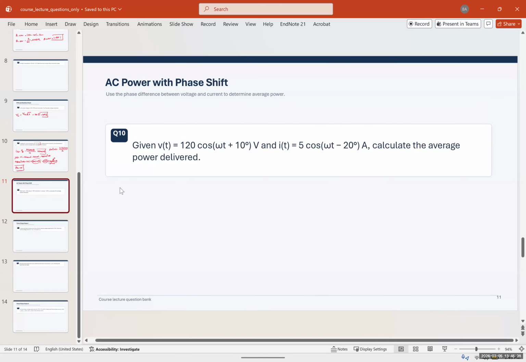Let's solve 10. This one is related, which is the reason I want to solve it as well. V(t) is 120 cosine of omega t plus 10 degrees, and i(t) is 5 cosine of omega t minus 20 degrees. Calculate the average power delivered.